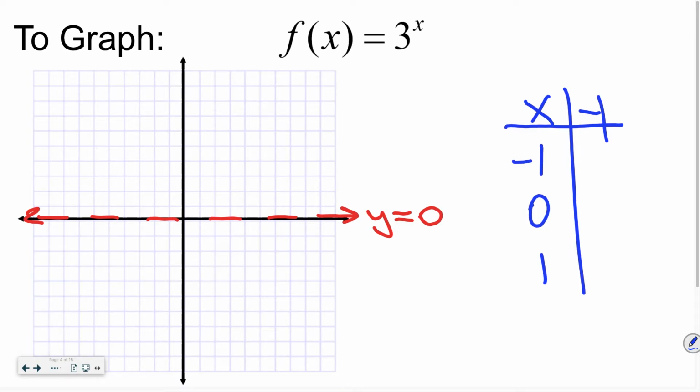Okay? Well, I already told you that when you plug in 0, what do you get? 1. Our y-intercept is (0, 1). When we plug in 1, what's 3 to the first power? 3. And then what's 3 to the negative first power? 1/3.